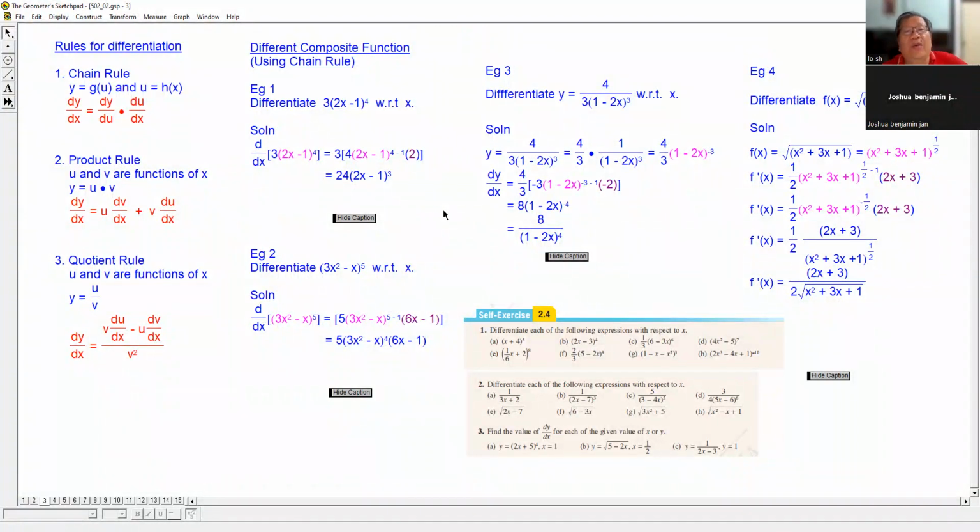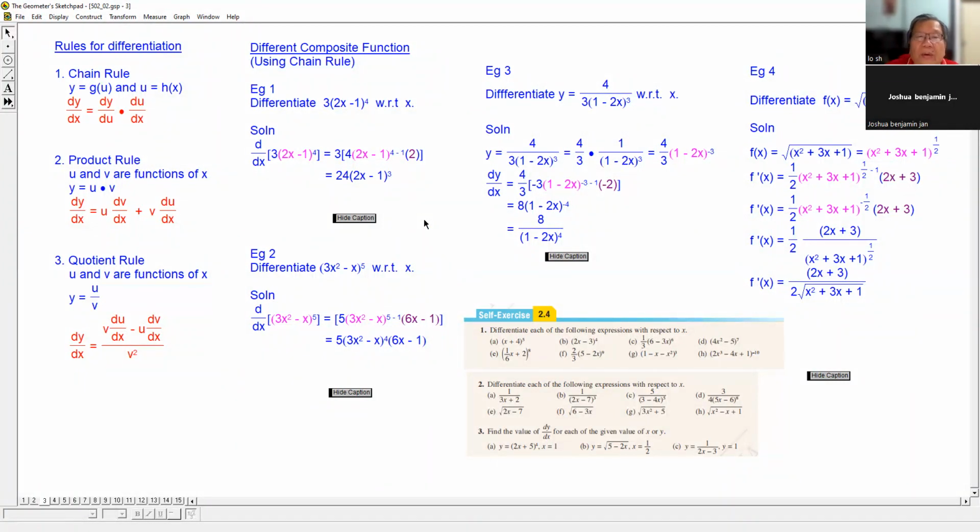You use it when you see a bracket raised to a certain power, where if you want to expand, you have to use the binomial theorem. No need to use the binomial theorem. The shortcut is differentiate the bracket, then differentiate what is inside the bracket. So 3 times 4 times 2, 24. So this 2x minus 1 becomes power of 3.